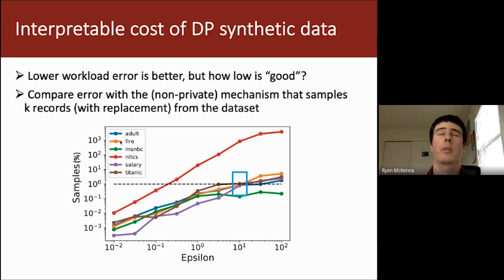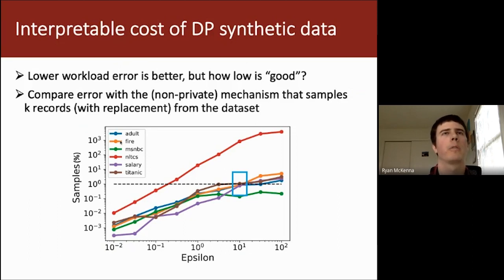Another thing that is interesting to look at is that the metric that we're using to evaluate error is workload error, but workload error can be a little bit tricky to interpret because we know lower is better, but we don't really know how low is good. Like, we might need to know this if we want to figure out what to set the privacy budget to.